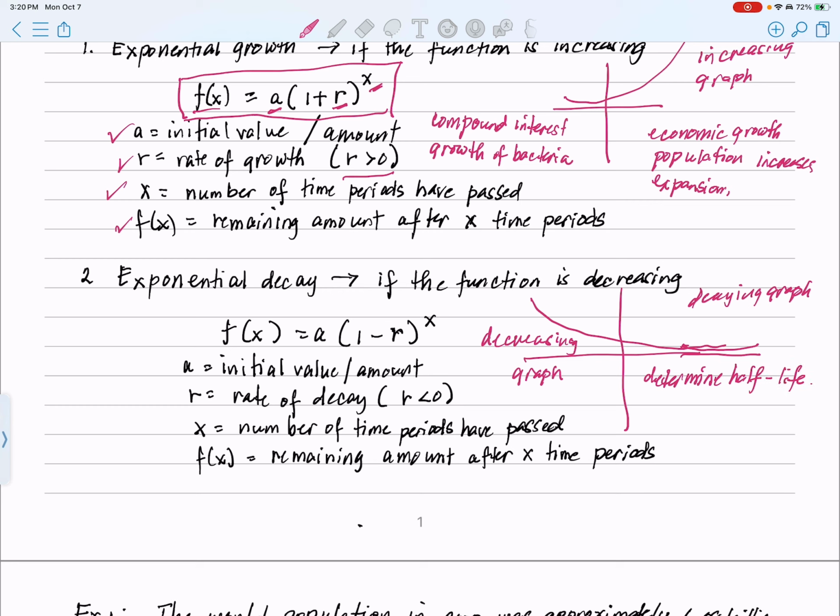What else? Mean population decay. That means it's a decreasing population. Radioactive decay. Getting the mean lifetime.